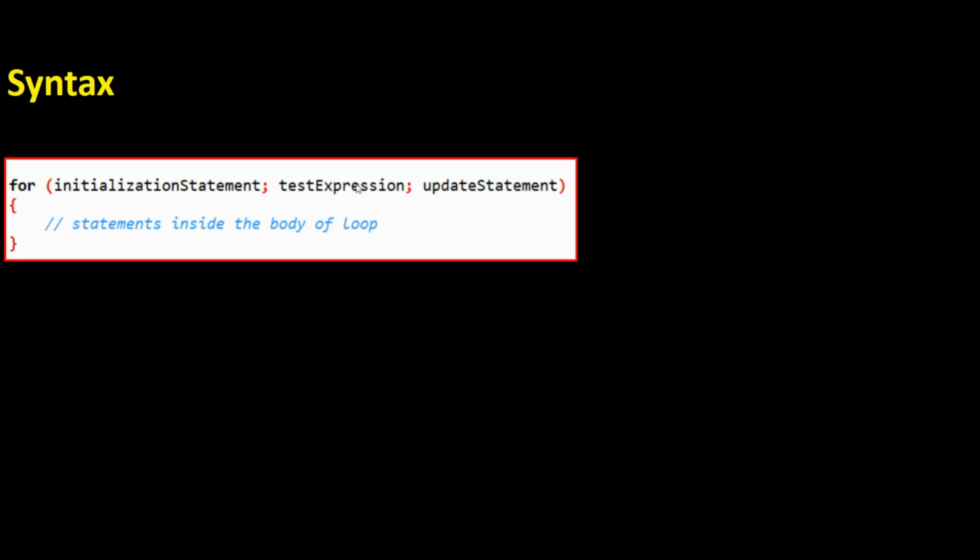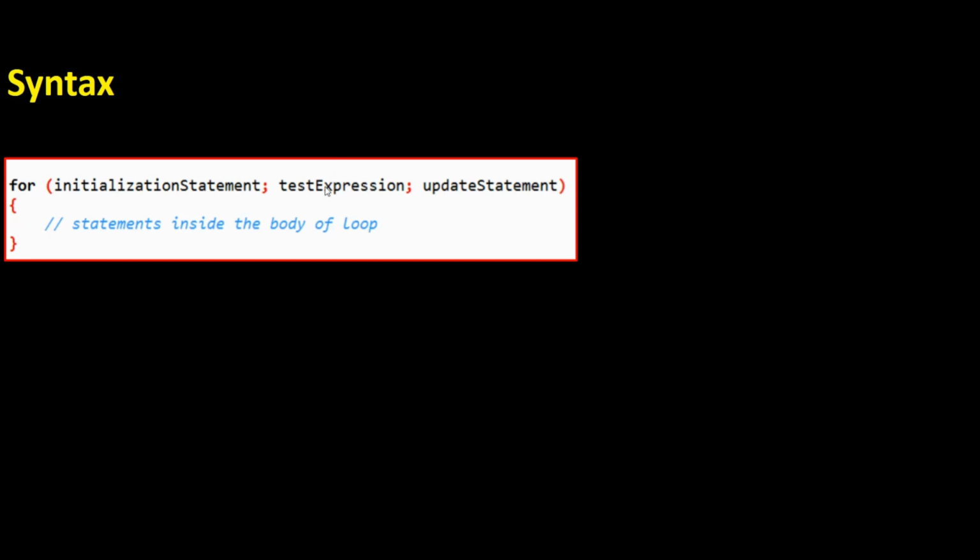But if the test expression is evaluated to true, the statement inside the body of the for will be executed and we will run the update statement. And again, after the statement inside the loop is executed, we come back to the test expression and test again if it's true or false.